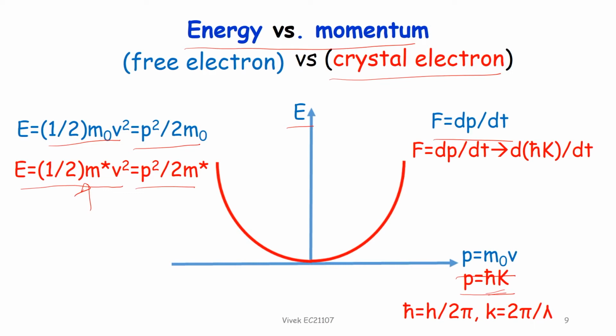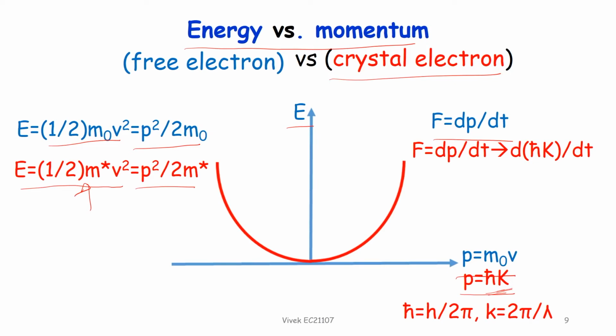Here h bar is the reduced Planck constant and k is the wave vector. Because the electron shows dual characters, particle nature as well as wave nature, due to its wave nature it will show certain wave-like behavior.